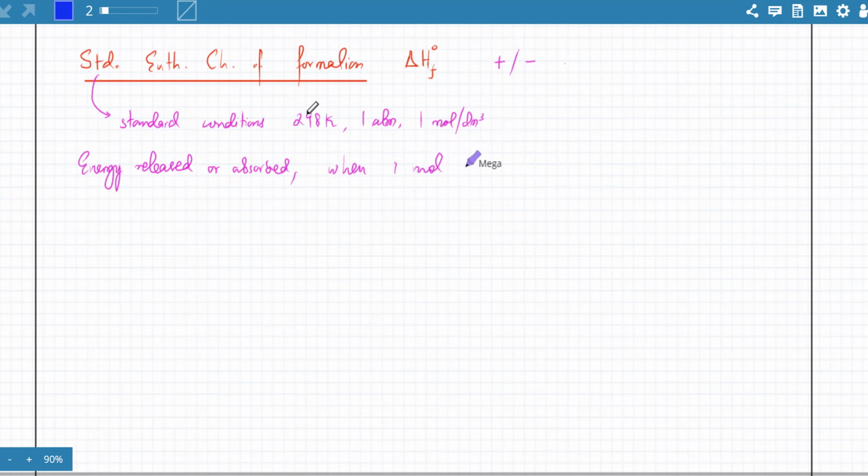When 1 mole of a compound is formed, so whenever you see 1 mole of a compound being formed in a reaction, formed from what? Formed from its constituent elements in their standard state.